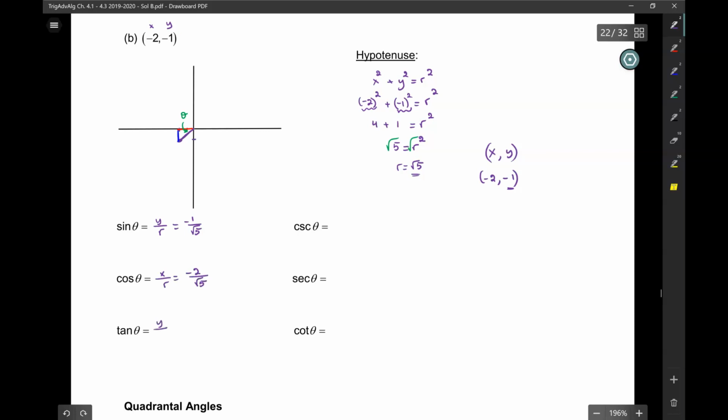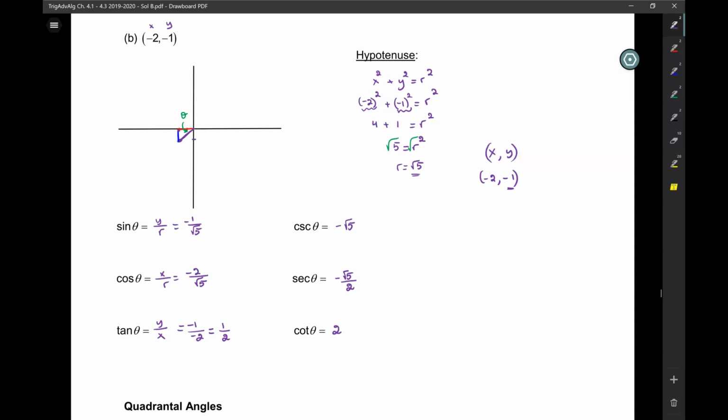Tangent is y over x, negative 1 over negative 2, which is just 1/2. So cosecant is negative root 5. Secant is negative root 5 over 2. Cotangent is 2 over 1, which is just 2.